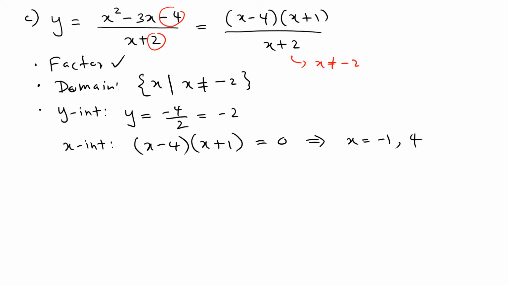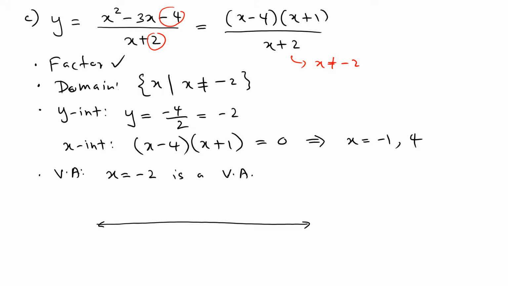And then the next one is the vertical asymptote. The vertical asymptote is coming from the denominator, so that means x equal -2 is a vertical asymptote. After we get the vertical asymptote, we look at the sign diagram. For the sign diagram, we put zeros and the vertical asymptotes only.